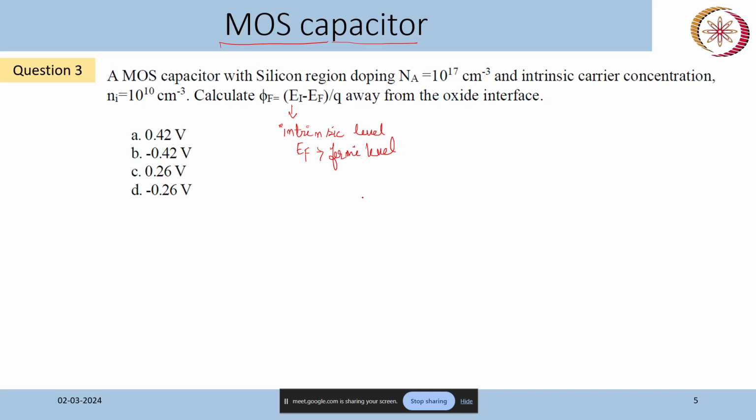Since Na is given, it is the acceptor doping concentration, so it is a p-type substrate.